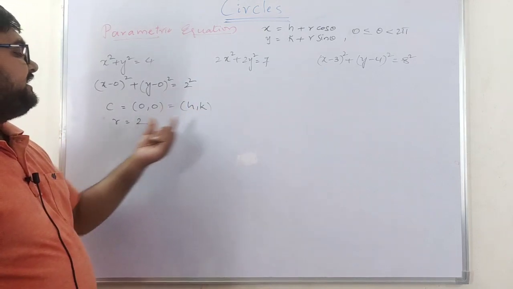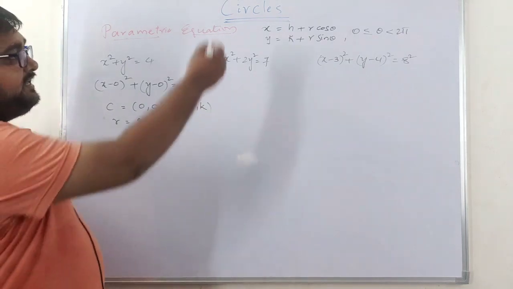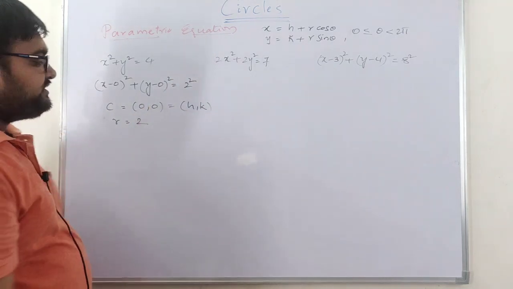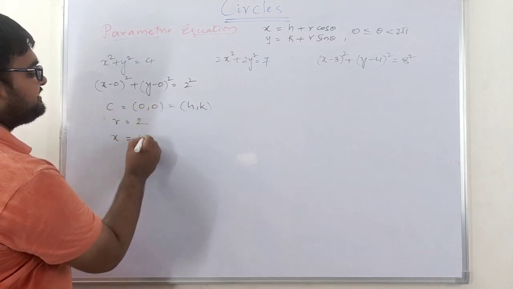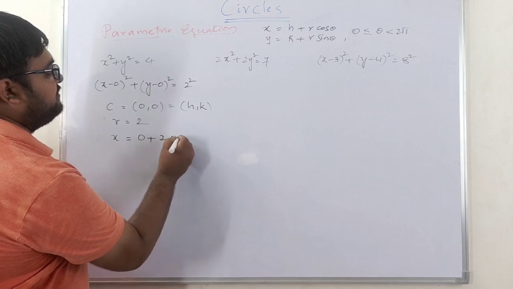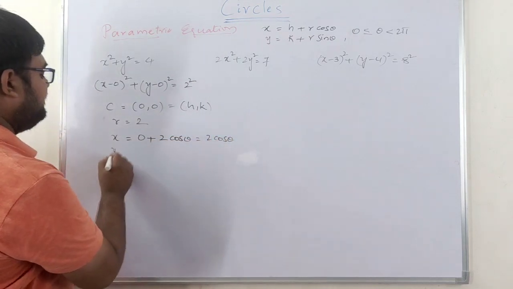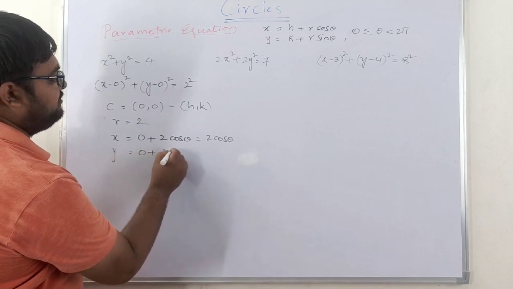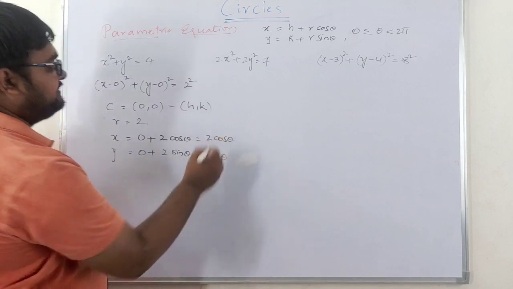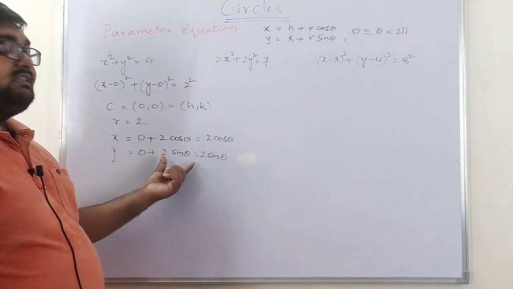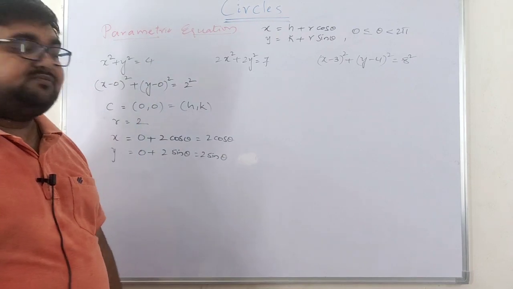Now directly I can write the parametric equations: x is equal to h plus 2 cos theta, that is 0 plus 2 cos theta, which is 2 cos theta. Y is equal to 0 plus 2 sin theta, which is 2 sin theta. These are the parametric equations for this particular equation of circle.